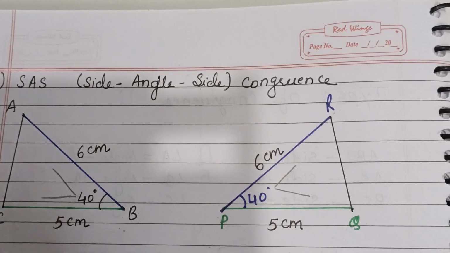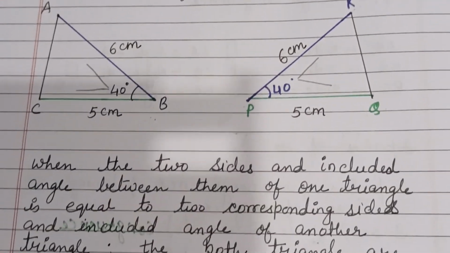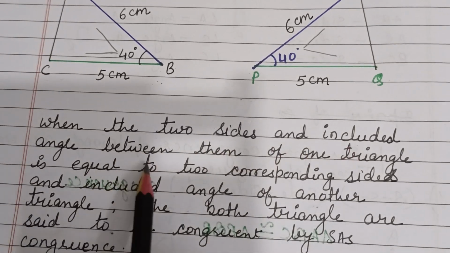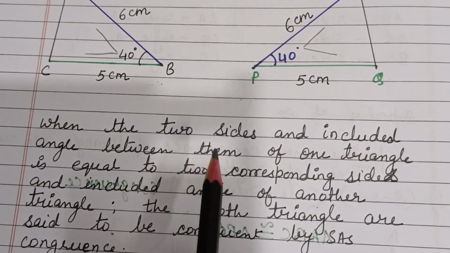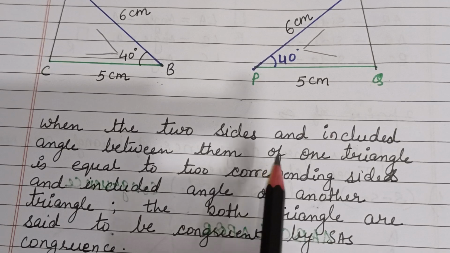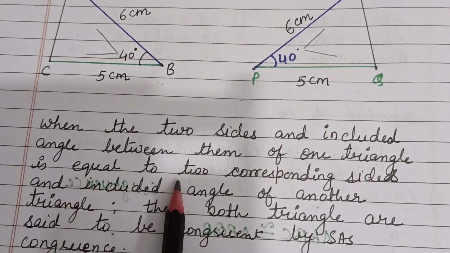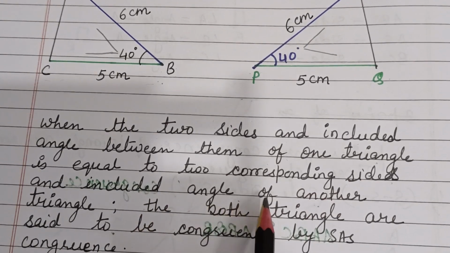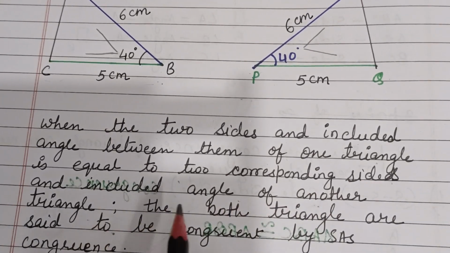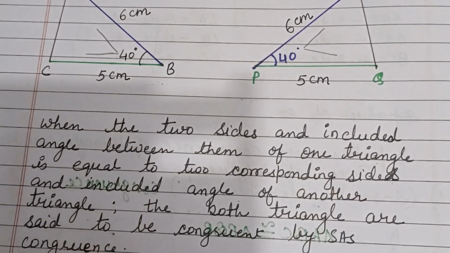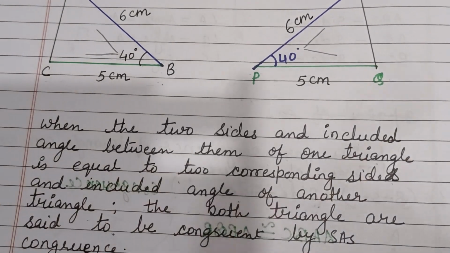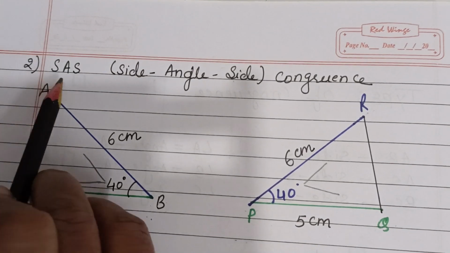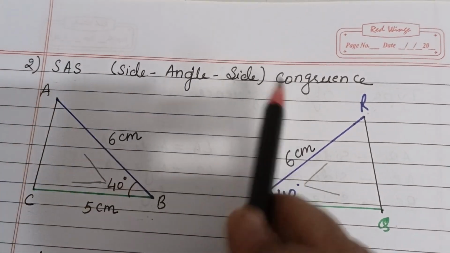Okay, so when the two sides and the included angle between them of one triangle are equal to the two corresponding sides and the included angle of another triangle, then only both triangles can be said to be congruent. And the three pairs by which they are congruent is SAS congruence.